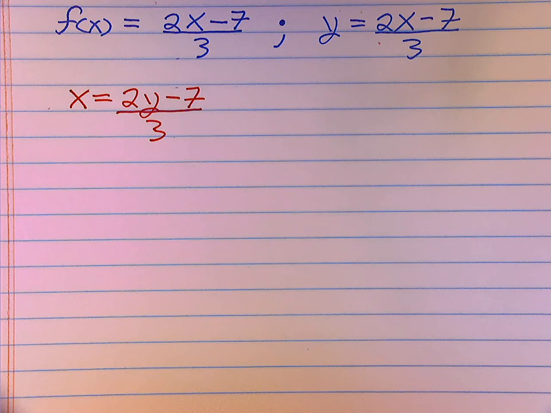Now, I'm going to take that function and I'm going to solve it for y because the format is not acceptable. So how do I solve this for y? I'm going to remove everything away from y. The very first thing I'm going to do is multiply both sides by 3.